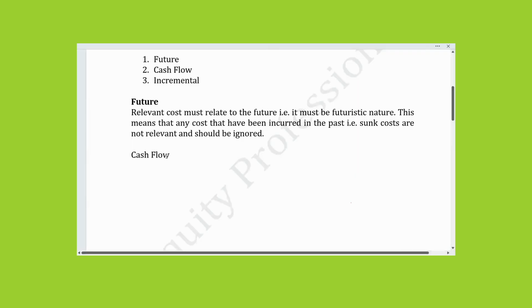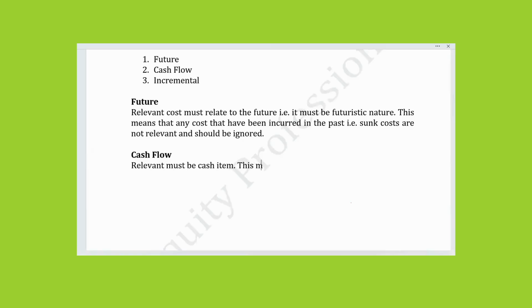All right. What do you mean by cash flow? Relevant costs must be cash items.